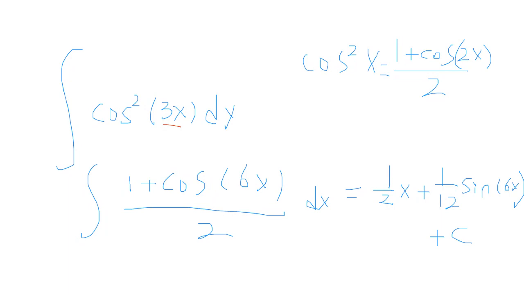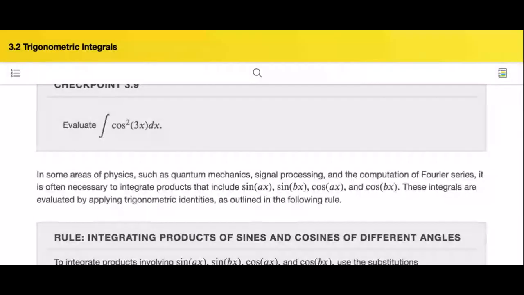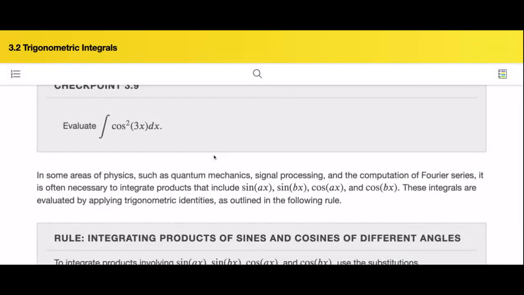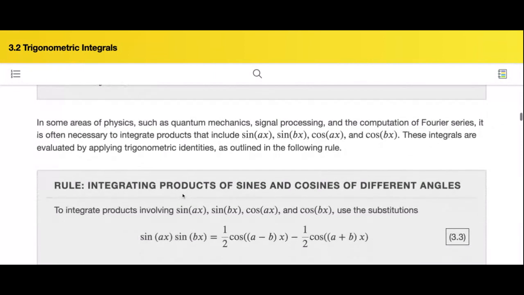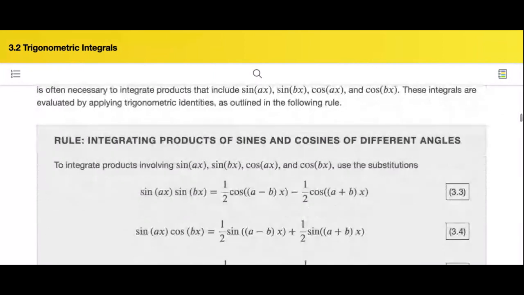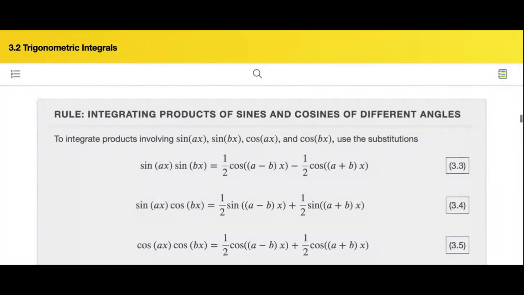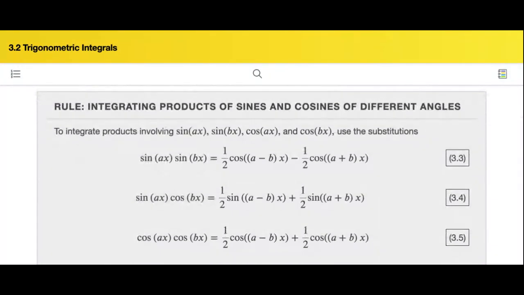Okay, let's go back. So this is saying to integrate products involving sine ax, sine bx, cosine ax, cosine bx.